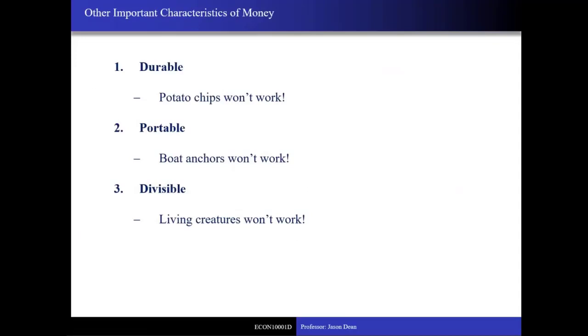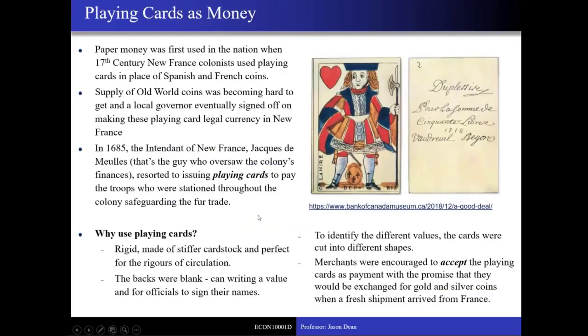And you need to know the difference between the functions and the characteristics, and especially what's the most important characteristic. Just as an example, back in the 17th century in New France, the colonists ended up using these cards seen in the photo here as money. The main idea was that they had a shortage of actual coins at the time.